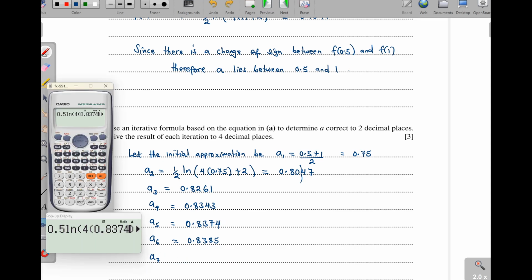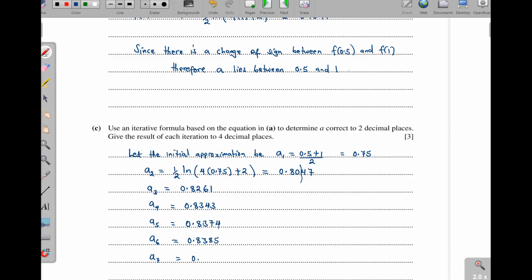We come back to this one and we put in 0.8385. Then we have 0.8389. Then when you look at all of these 3 to 2 decimal places, they are giving us 0.84. So that means the value of A to 2 decimal places will be 0.84.